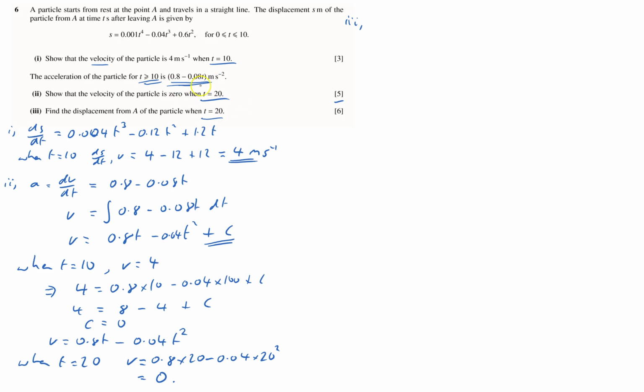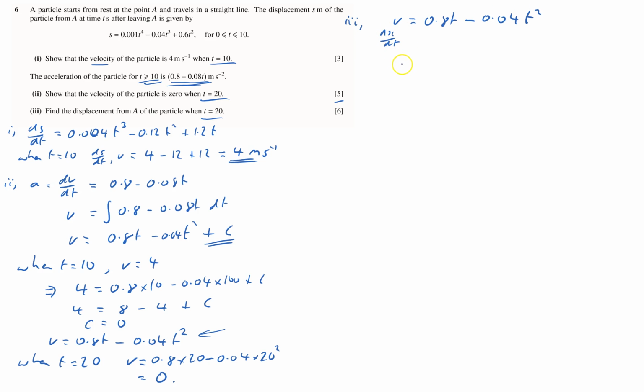So it's still working along these lines here. We've just worked out what the velocity is, and the velocity was here. So if I write that down, velocity equals 0.8 t minus 0.04 t squared. And v, of course, is dx by dt.